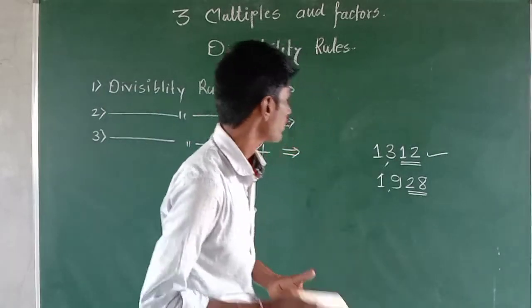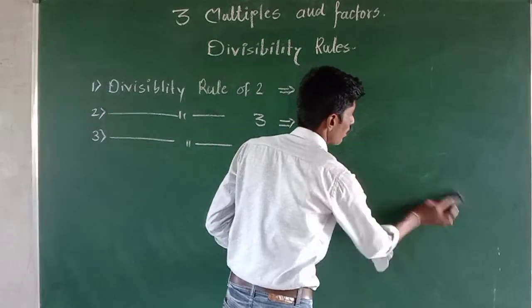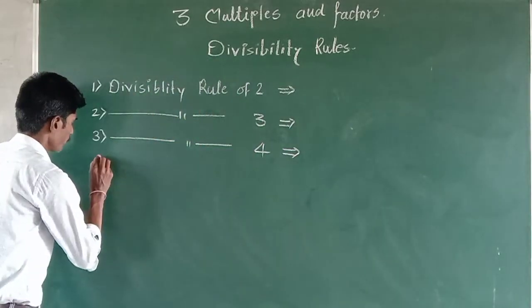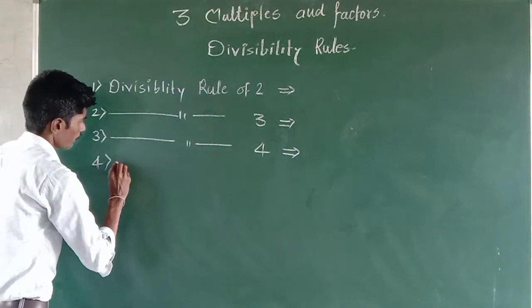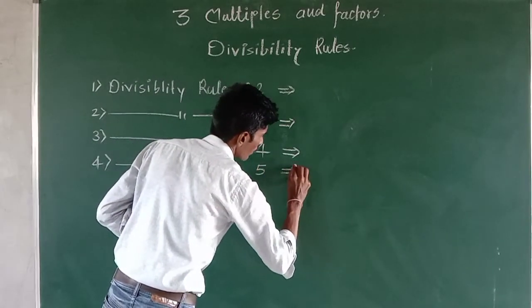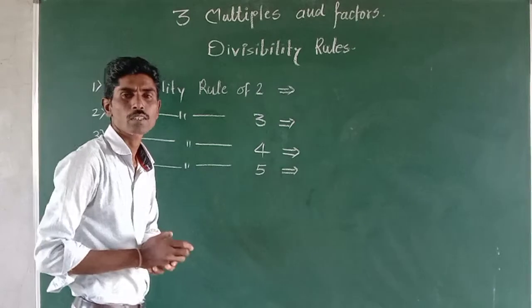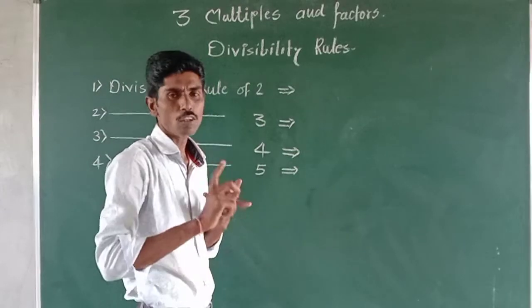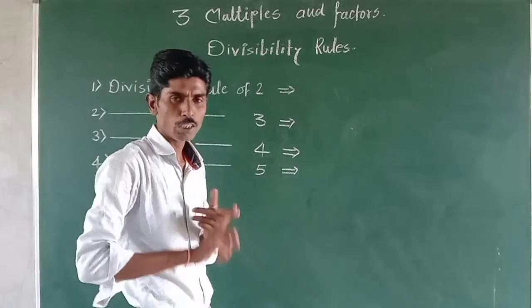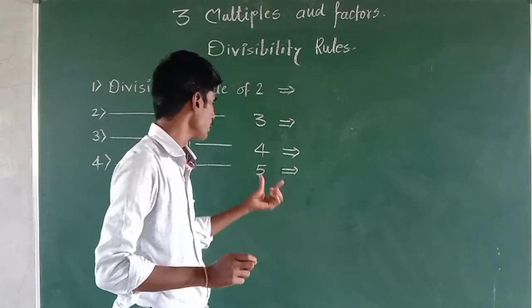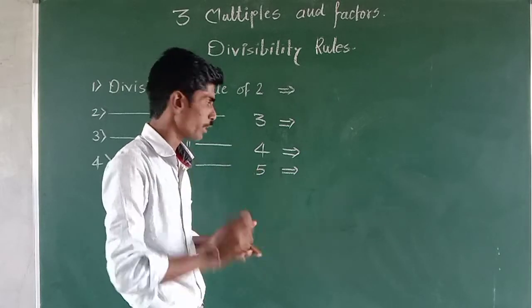And then we will discuss the divisibility rule of 5. Any number which has 0 or 5 at the ones place or unit place will be exactly divisible by 5.